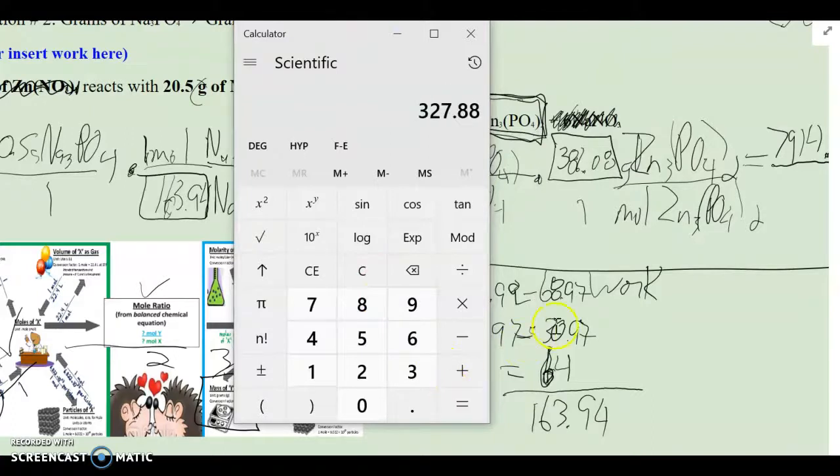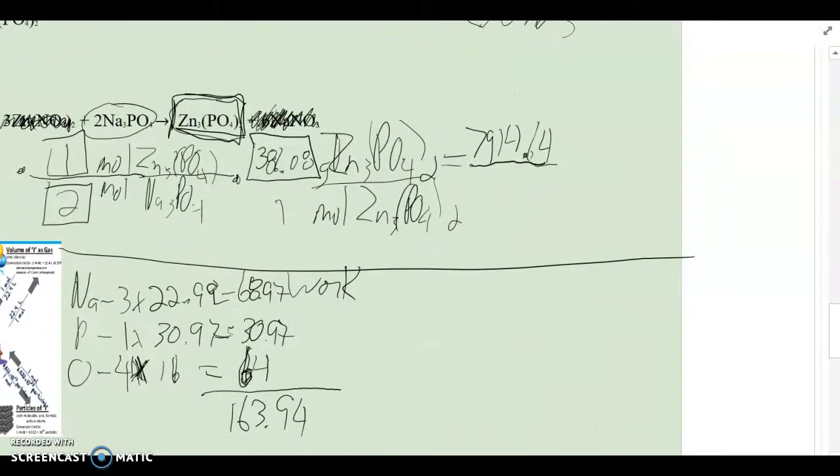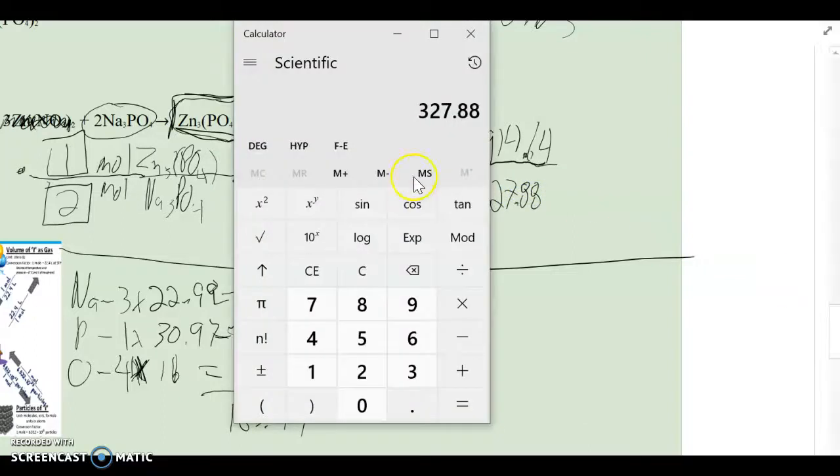So on the bottom, I'm going to have 327.88. Let's do that math. It should give me a final answer after 11 minutes and 17 seconds of work.